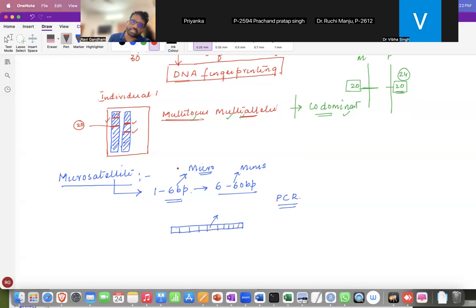Primers are designed from the unique regions adjacent to this tandem repeat to amplify this region. So you're targeting a single locus in microsatellites. You're not targeting multi-locus. There, you take DNA, digest it, and then use a probe.